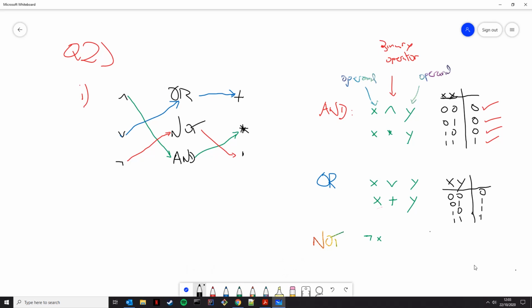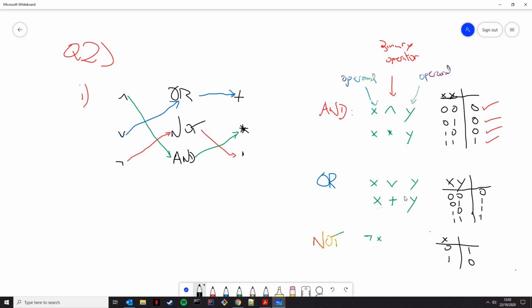This basically means that we only have 1 input, x, 0 or 1. Because it's the not of x, it's the opposite. So 0 will actually give you 1, and 1 will give you 0. When x is false, we get a true value, and when x is true, we get a false value.